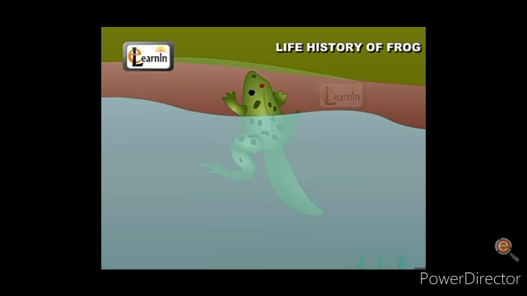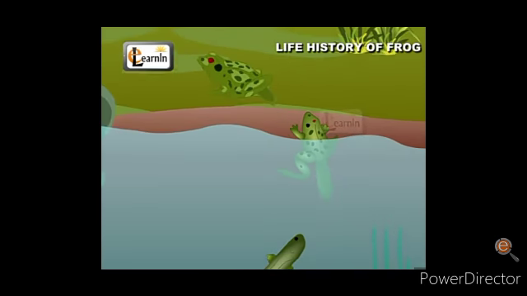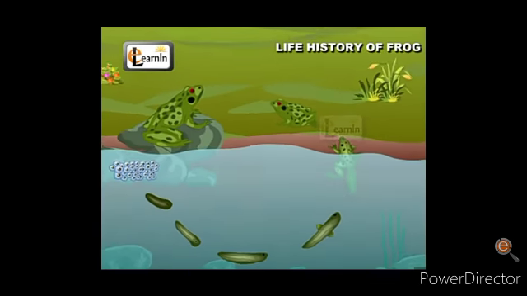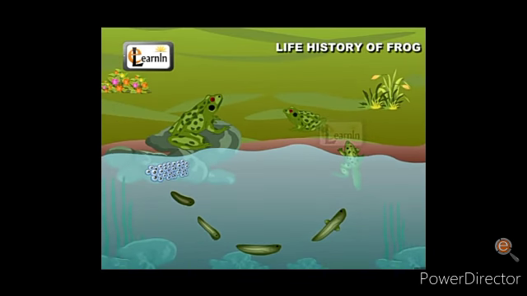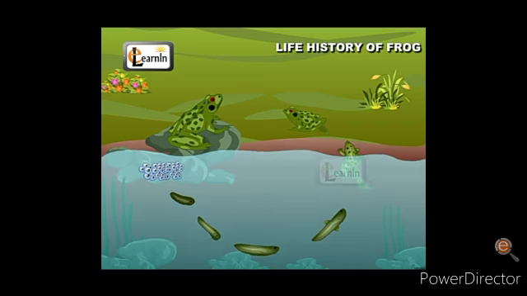The tadpole larva of a frog is fish-like. It lives in water and breathes through gills. It grows in size and slowly transforms into a frog. During this transformation, the forelimbs appear. At the same time, gills disappear and lungs develop. At this stage, the small frog leaves water as it cannot breathe with lungs in water.